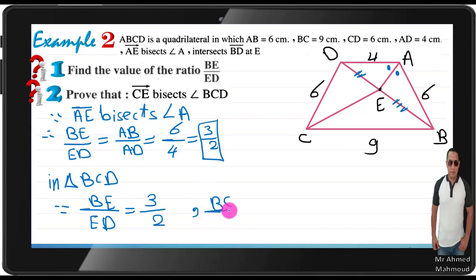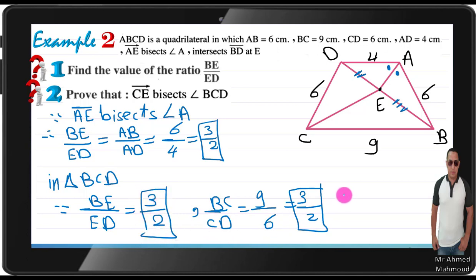BC over CD equals 9 over 6, which equals 3 over 2. Now they have the same ratio: BE over ED equals BC over CD, both equal 3 over 2. Therefore CE bisects angle C internally.